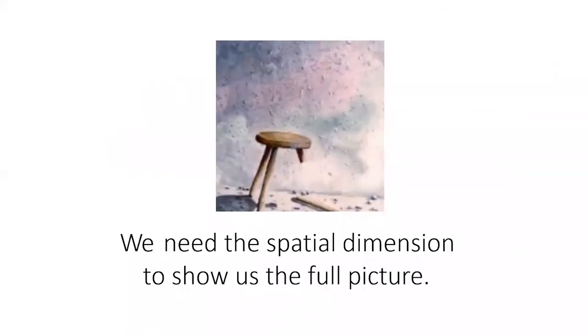So in many cases, and particularly where the indicator of interest is not spatially homogeneous, is not the same everywhere in the survey area, without a spatial dimension to our data, a spatial dimension to our sample, we don't get the full picture. Slide, please.